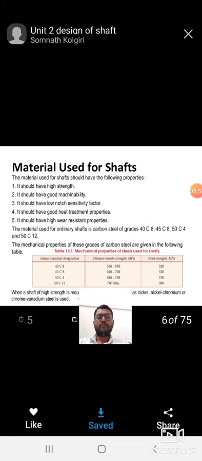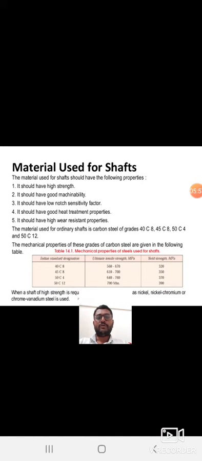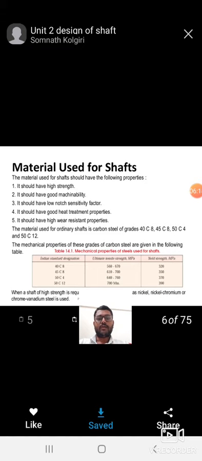These are the common grades used for shaft. Next, the mechanical properties of these grades of carbon steel are given in the following table. In tabular form, the first column is the Indian standard designation, that is, the material of the shaft: 40C8, 45C8, 50C4 and 50C12.